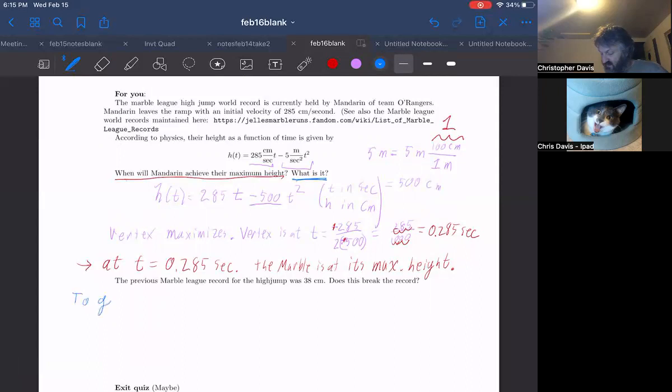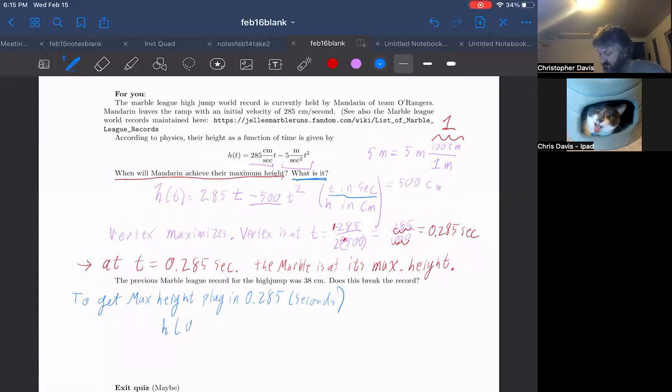To get the maximum height, plug in 0.285 in seconds. But this formula is for time measured in seconds, so we can just use it.